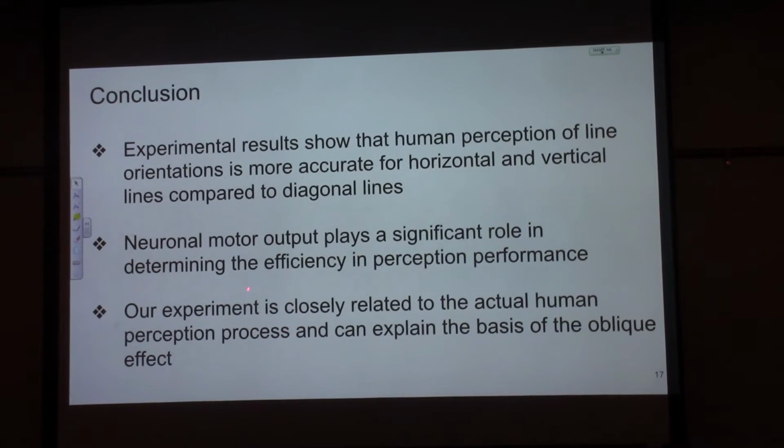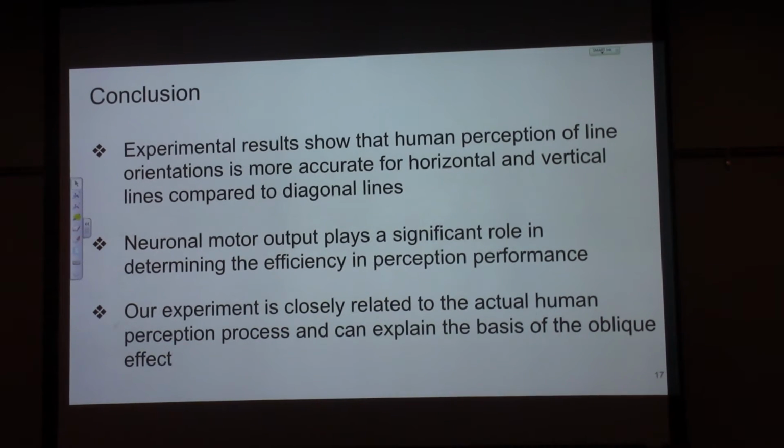Our experiment is very closely related to the actual human perception process, and it can explain the basis of the oblique effect. As far as we know, this is the first work that tries to connect research in vision, active vision, and neuroscience to explain the origin of the oblique effect.